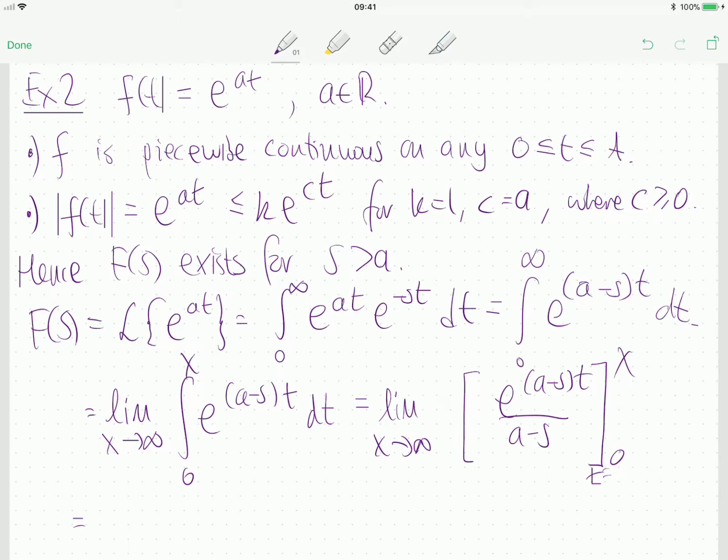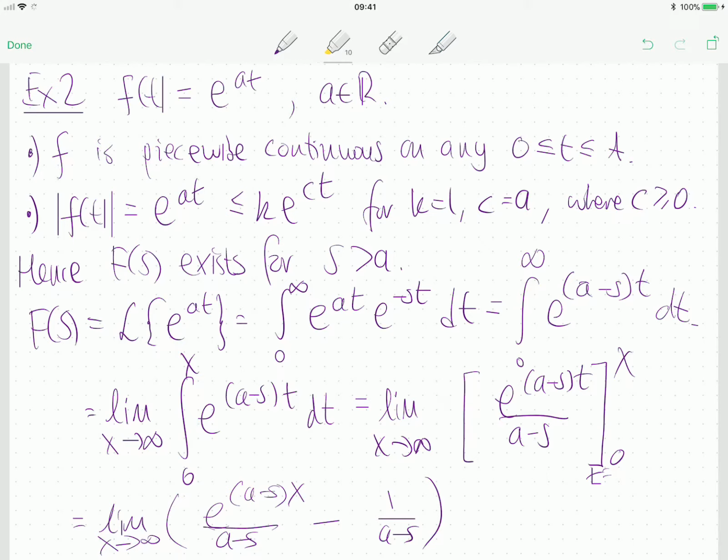Okay, so let's put those in. We end up with e to the a minus s times x over a minus s. And if we put 0 in, we get e to the power 0, which is 1, over a minus s. Of course, we subtract. Now, dealing with the limit as big X goes to infinity, that deals with the infinity symbol on the integral.